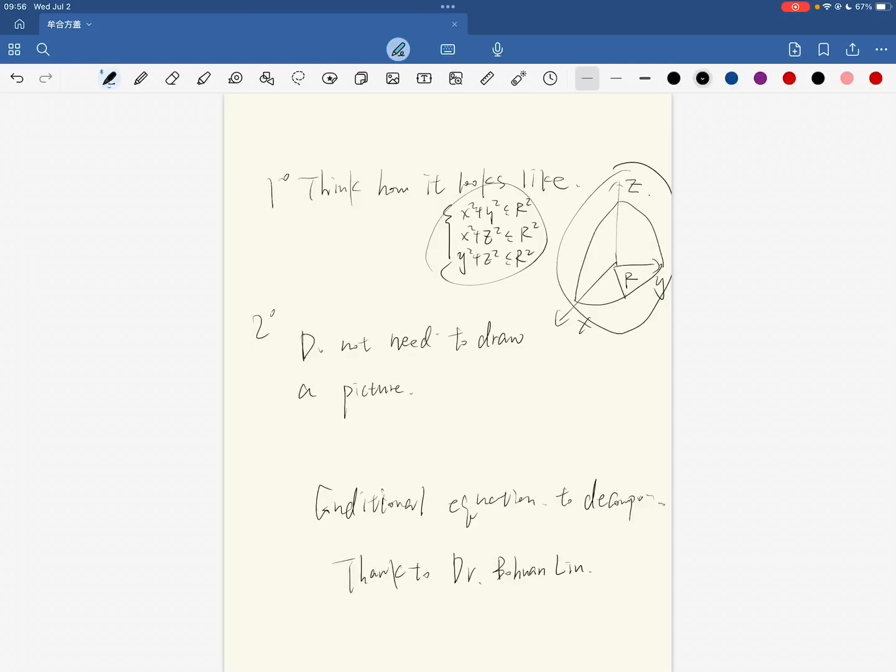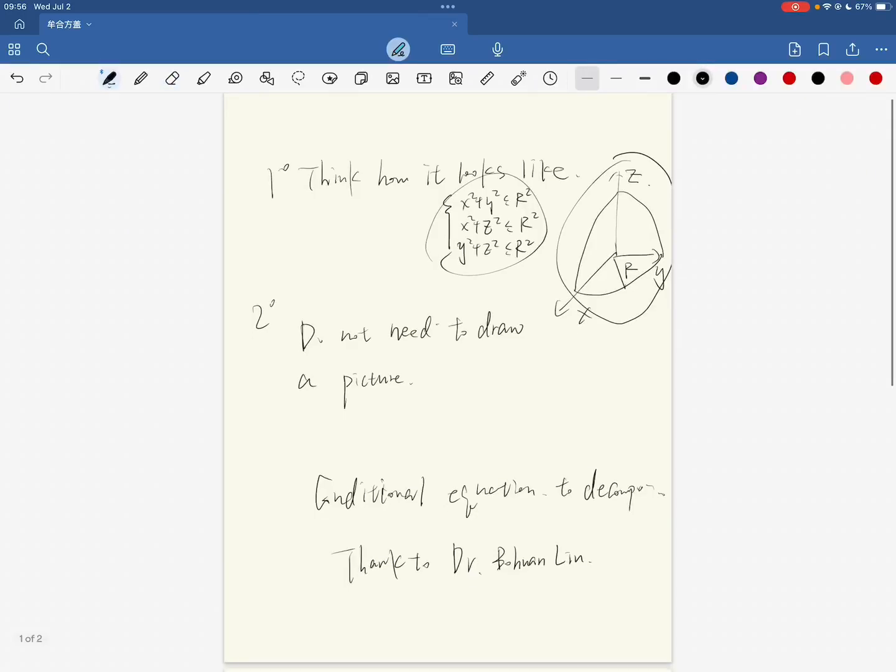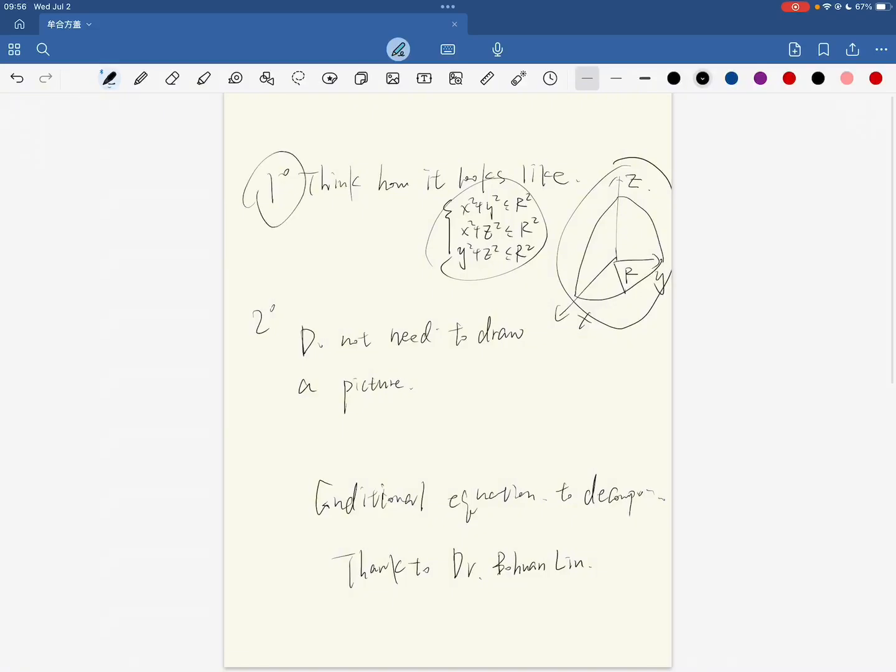I mentioned that I'm not good at thinking of three-dimensional space, and I think it's a good idea to use many methods to think about math problems.